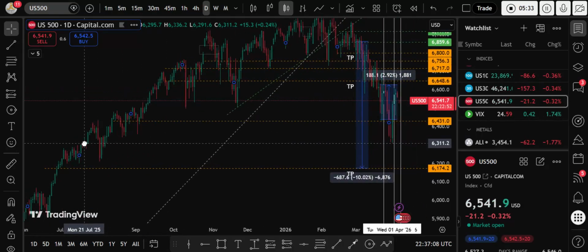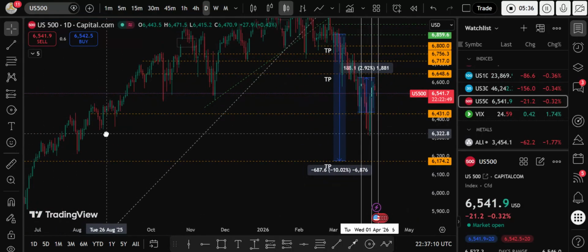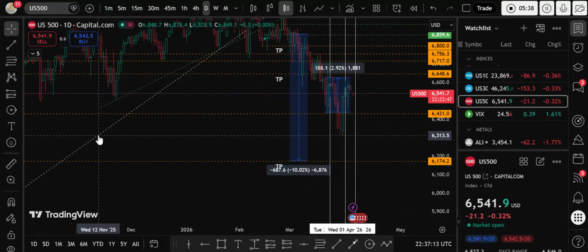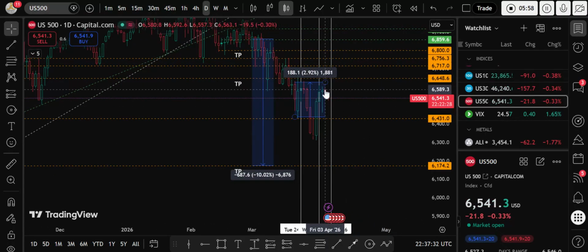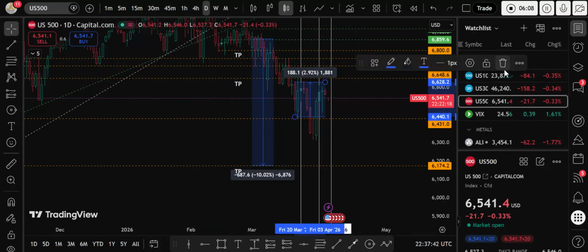Right now it came down to almost 6313.5, and we saw a push up to the upside, which was the percentage that I created that it could rise to. I think it rose to that, came out, then also moved again. Anyway, let me just remove it and continue watching it.